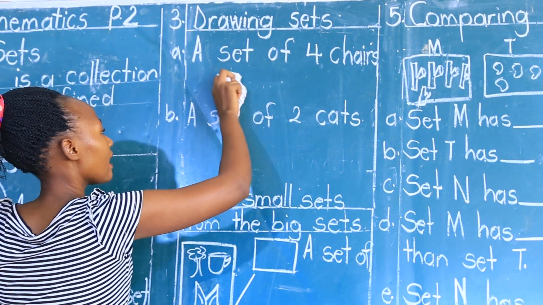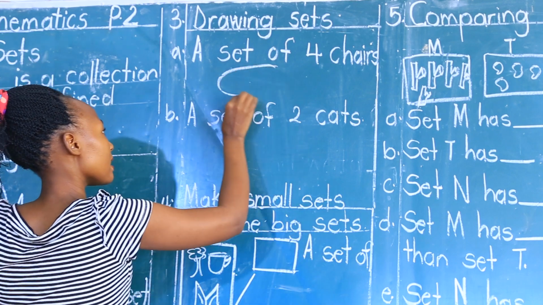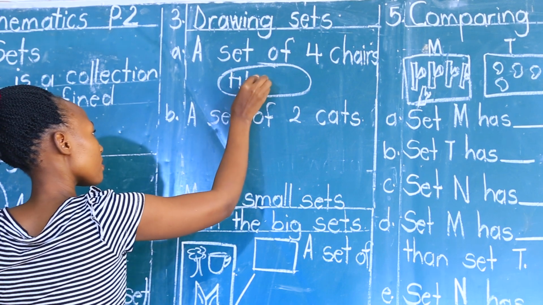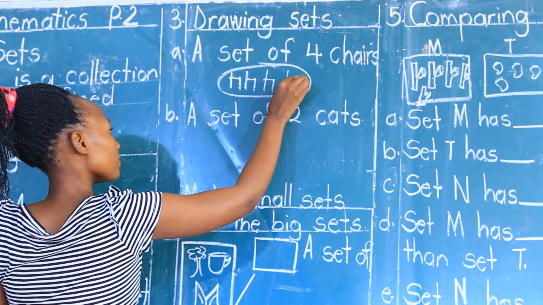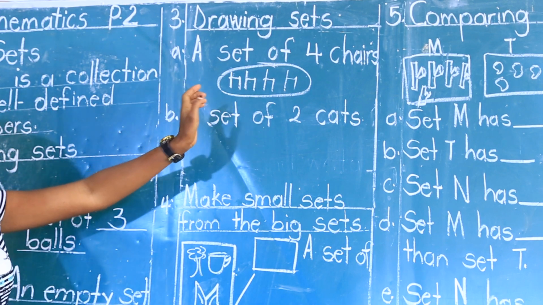You have to first draw your empty set like this, then put there your 4 chairs. Now this is a set of 4 chairs.